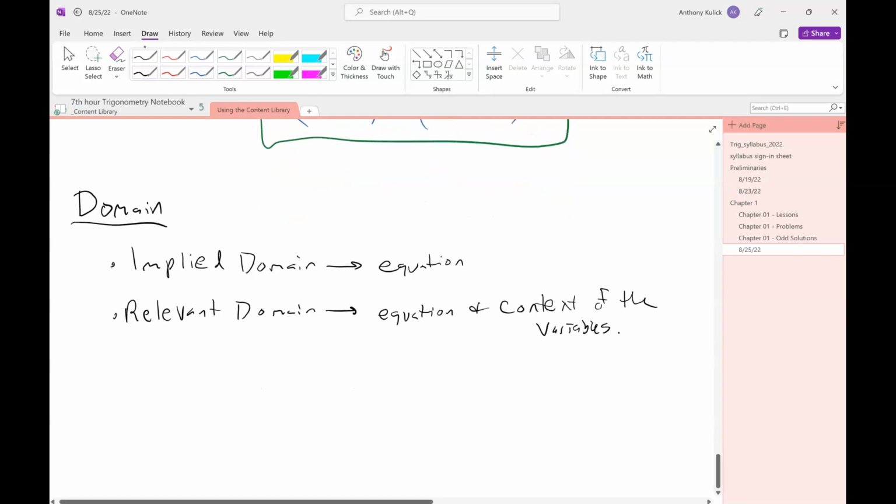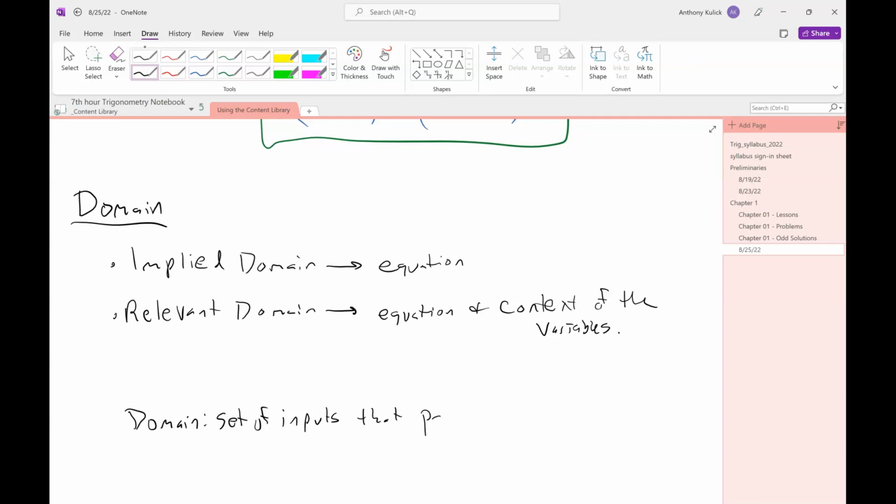Okay, so recall a domain is the set of inputs that also have an output, right? So when we're looking for the domain of a function, what we're going to be looking for are values for x that don't have outputs.